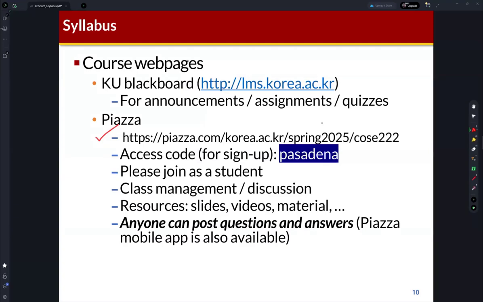You need to sign up as a student for this course, and for sign up you need an access code. The access code is Pasadena. It's a city name in the US. Please join as a student, and we will use Piazza as a discussion board. I found that the LMS includes a Q&A board, but as I mentioned, it's not convenient, so I do not trust this system.